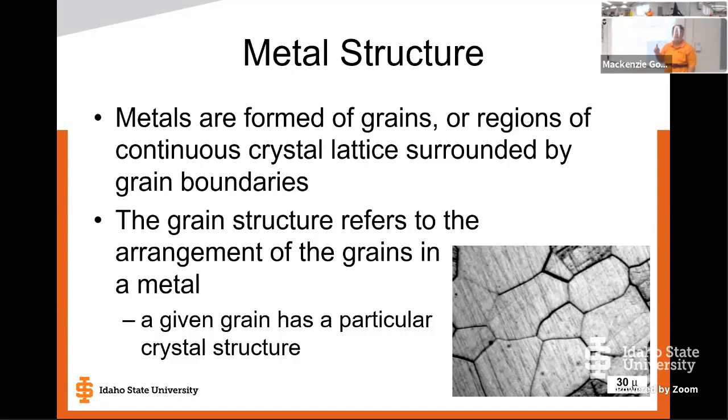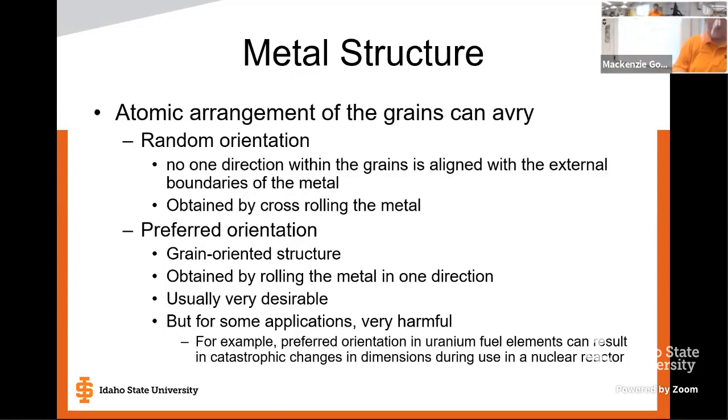When we start making alloys and we start mixing metals together, we can force different grains of different crystal structures of different metals to come together, but we can't change that one grain is a single type of crystal. Okay? So when we talk about our grain structure, how these grains fit together is essentially what we're discussing. And each grain will always be the same material with the same crystal structure across it. Does that make sense? Okay.